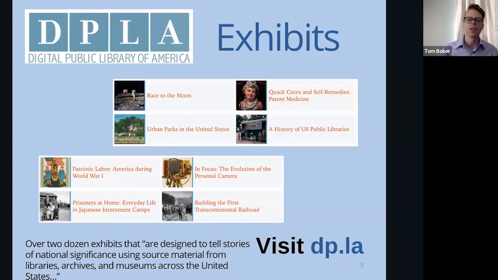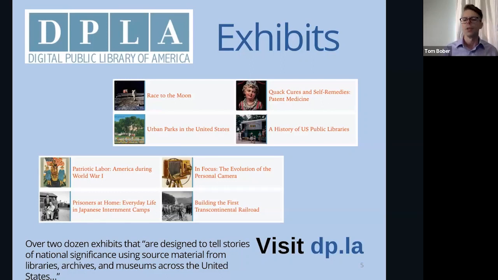DPLA has over 24 exhibits, and the intention is to tell stories of national significance, as you can see at the bottom there, using source material from libraries, archives, and museums across the United States. So one of the nice things about some of these is that even though you have multiple institutions that are contributing to DPLA, when you're looking at the exhibits, for example, it's curating a collection from across multiple institutions.